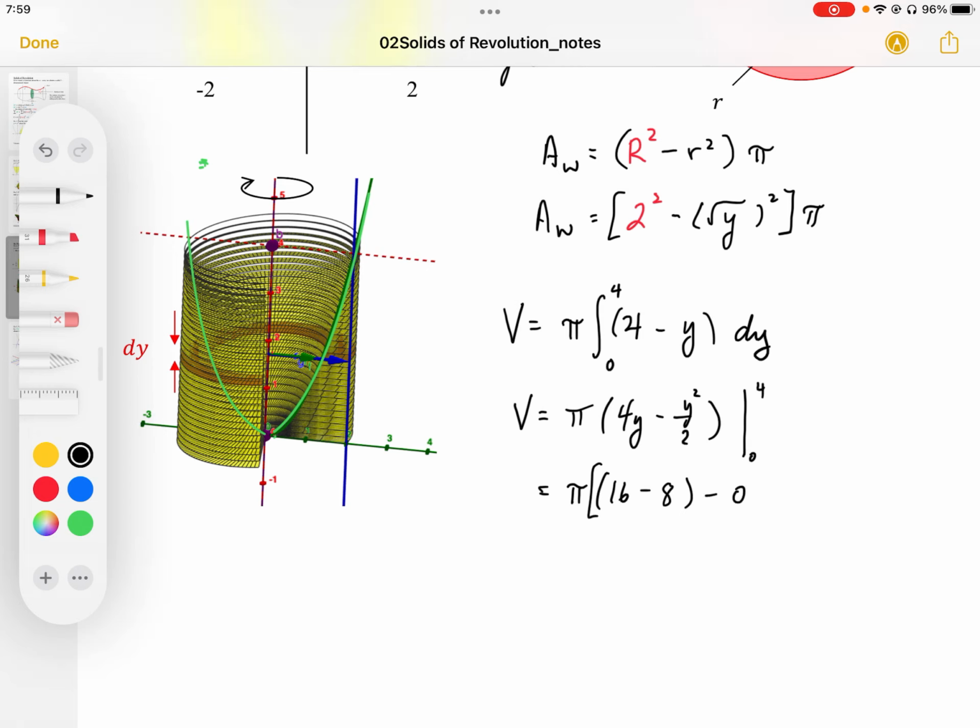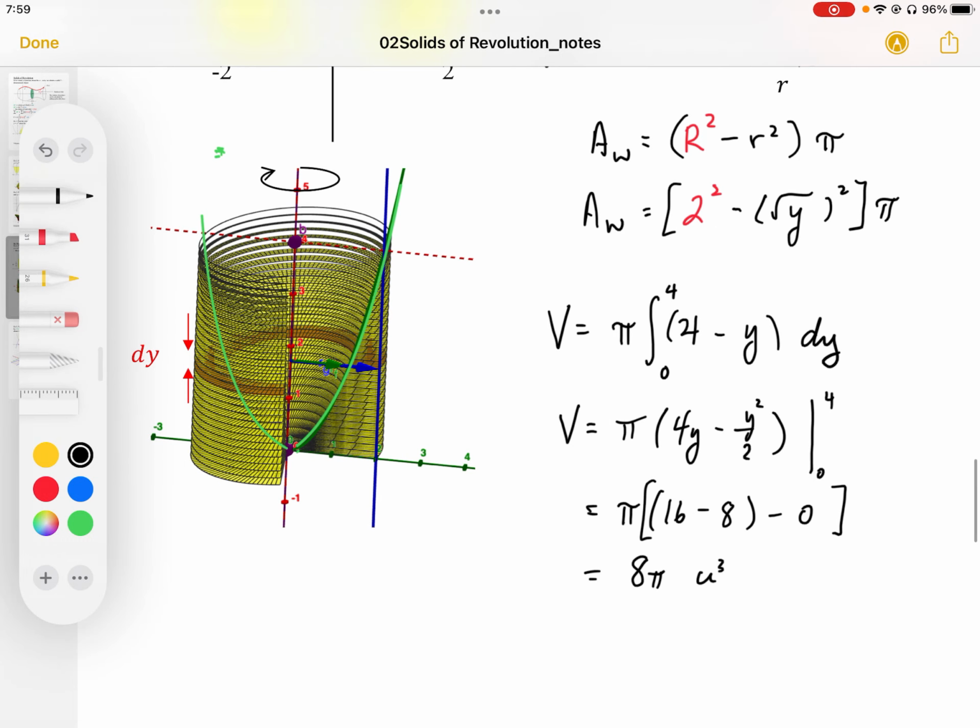Minus, when we plug 0 in, we get 0. So the volume works out to be 8 pi units cubed. So the volume of that shape that we get by rotating that parabola and the outside edge of x equals 2 is 8 pi.